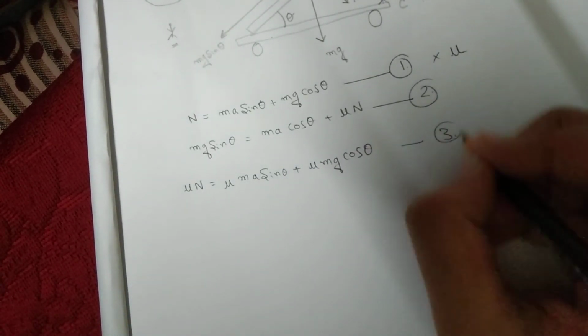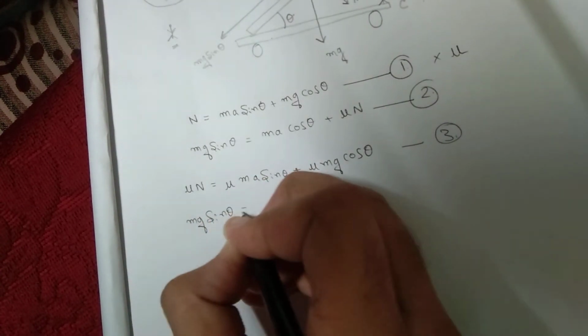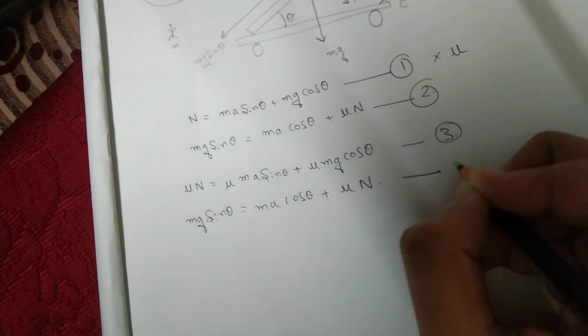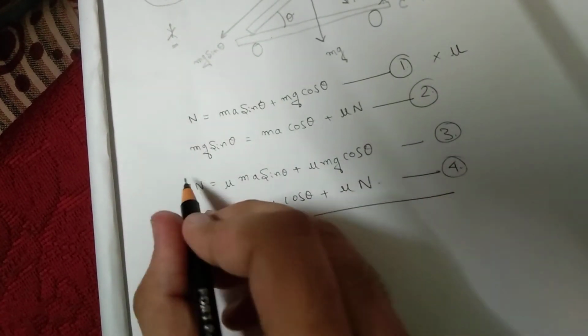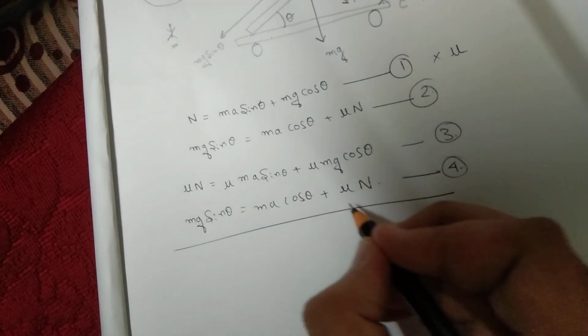Let this be equation number 3, and this is mg sine of theta equals ma cosine of theta plus mu N. If you add the two, this mu N and mu N will cancel each other as they are on opposite sides.